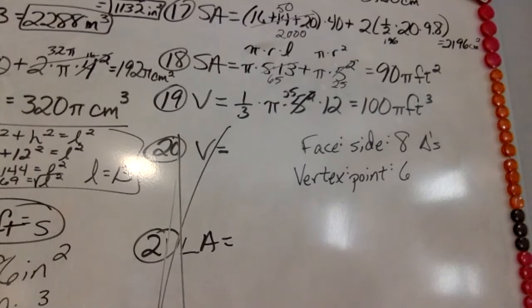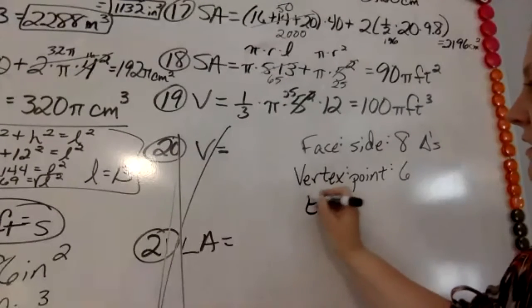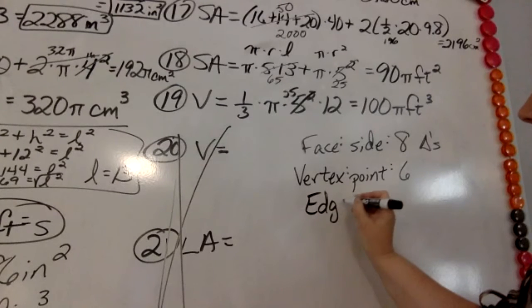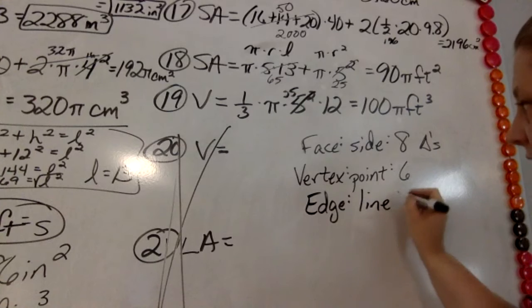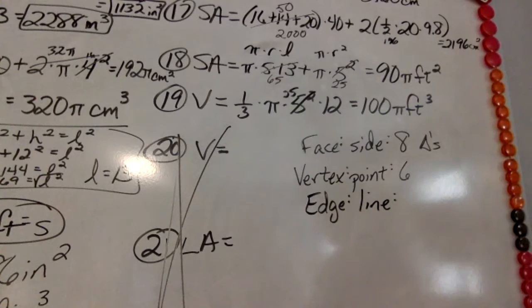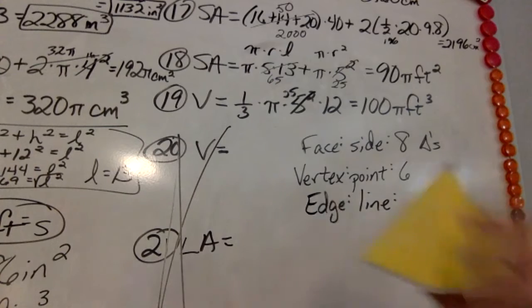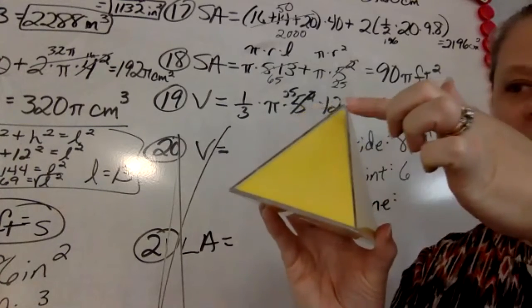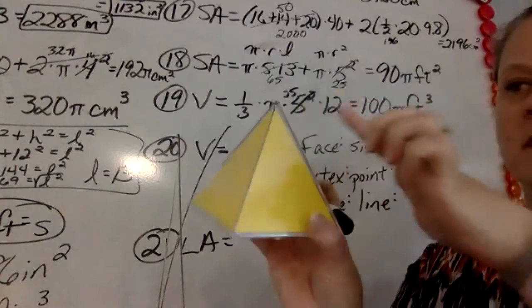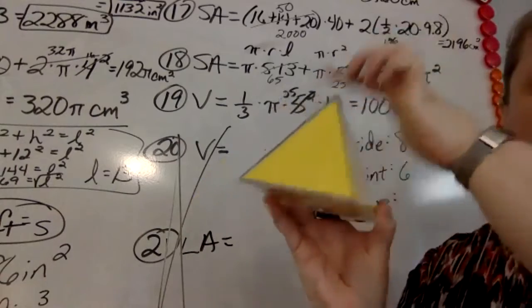And then an edge is the line, okay? The sharp lines that go down the sides. So edges are just this right here where 2 faces meet. So this is an edge, this is an edge, this is an edge, and this is an edge.